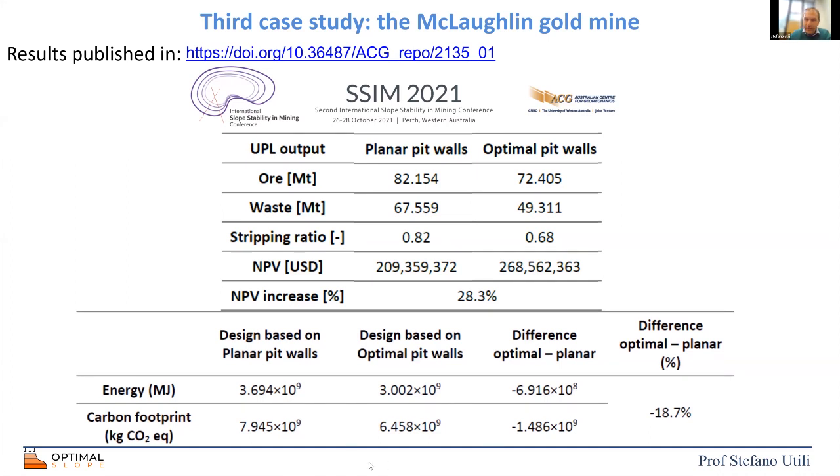Again, it's all described in the paper, but I think this calculation was rigorous in how we came up with this estimate of the amount of carbon footprint which was saved. And equally for the NPV, in this case it was a 60 million US dollar NPV increase due to, once again, a massive reduction in the amount of waste rock.